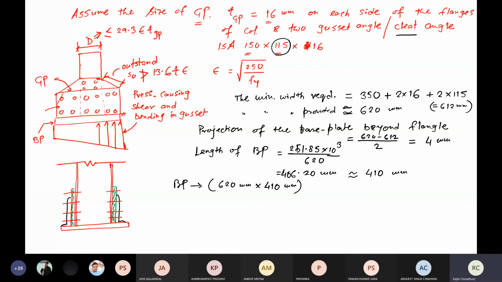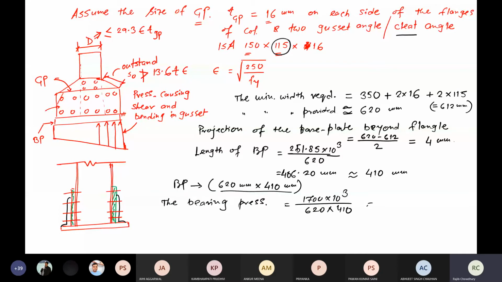We'll come back to that. Now let me have a look at whether this much area or size that has been provided is adequate. So what is the bearing pressure now? The bearing pressure is now becoming 1700 times 10 raised to 3 divided by 620 times 410.